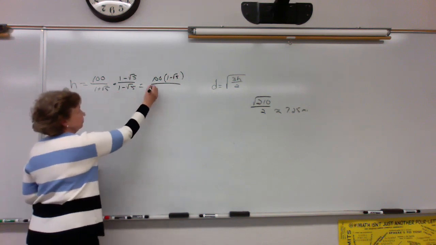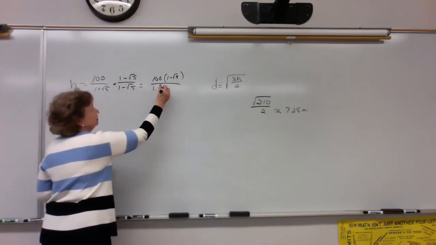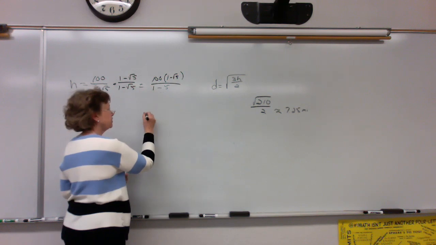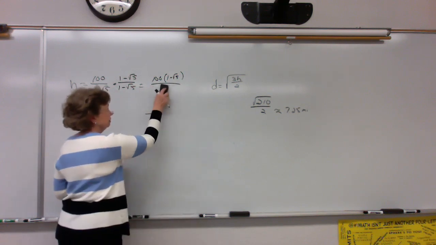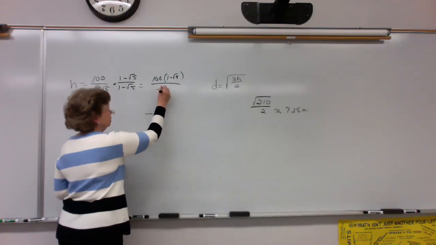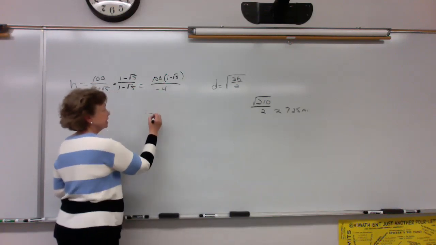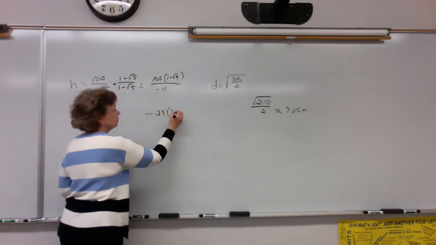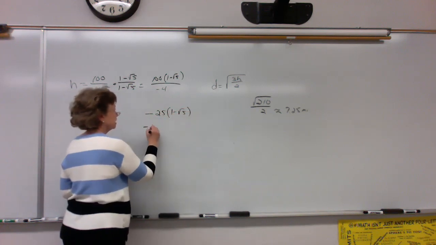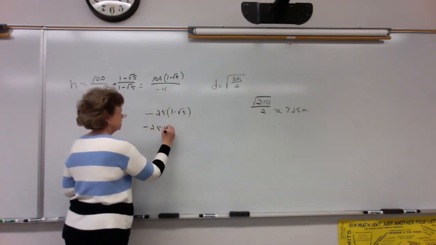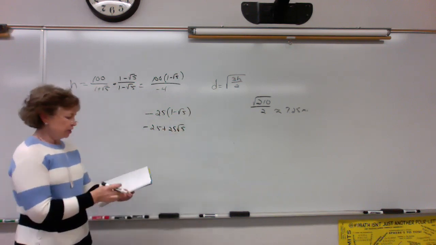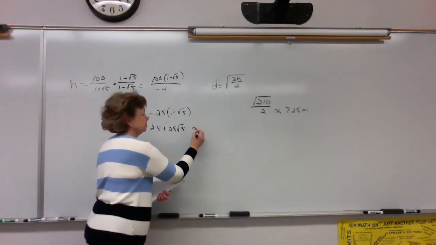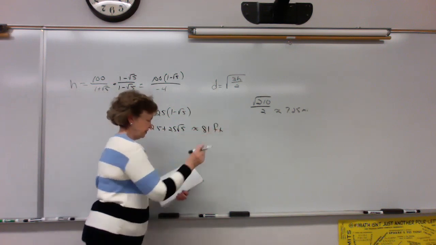Square the first term, you get 1. It's going to subtract 5. So this time it's 1 minus 5, which is negative 4 for my denominator, which means I have cancels, negative 25 times 1 minus root 5, or negative 25 plus 25 root 5, and then put that in your calculator and find out that that was approximately 81 feet.